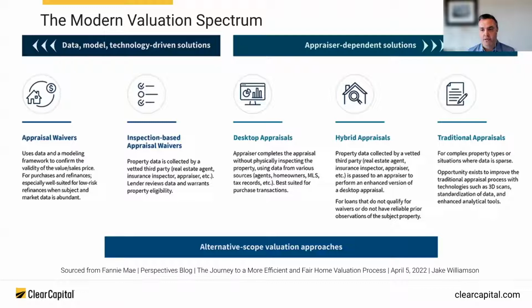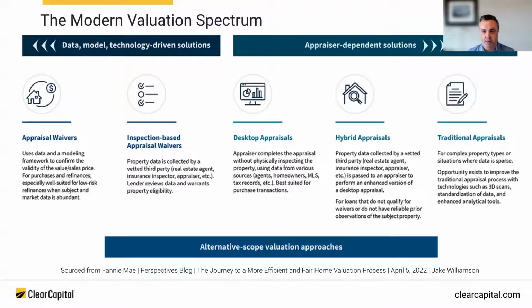Then it moves on to inspection-based appraisal waivers, where a property data collection product is completed, whether it's done by a real estate agent, an inspector, or an appraiser. That person would go out to the property and do a specified inspection, and then the lender would determine if the loan is eligible for just an inspection-based waiver. And if the property wouldn't qualify based on that criteria, then you get into the appraiser-based solutions.